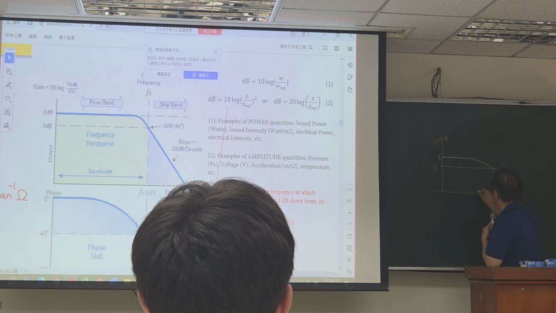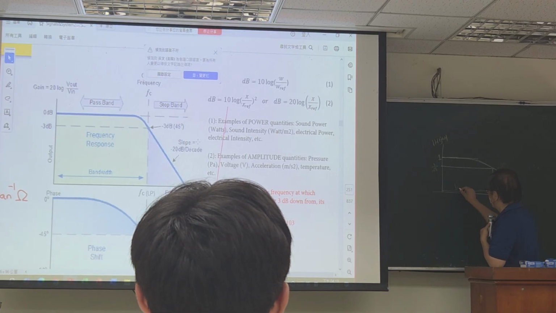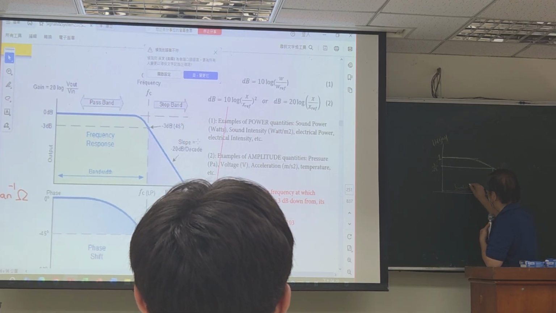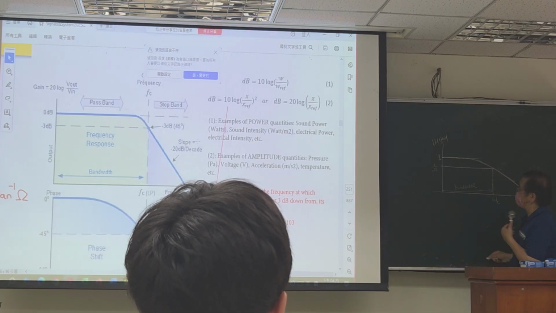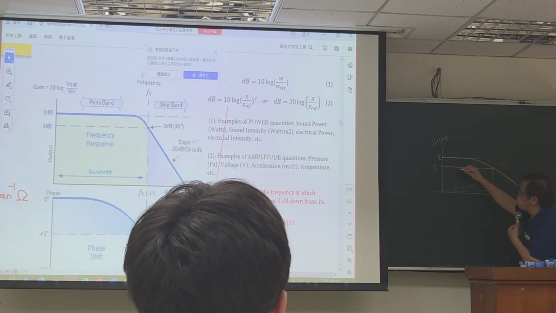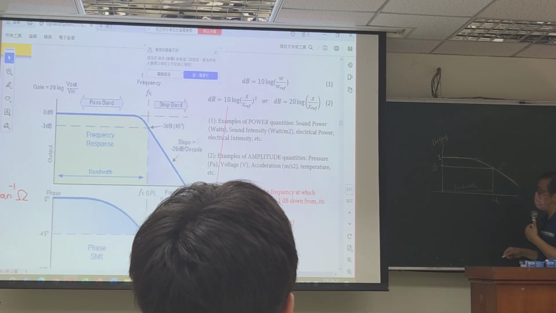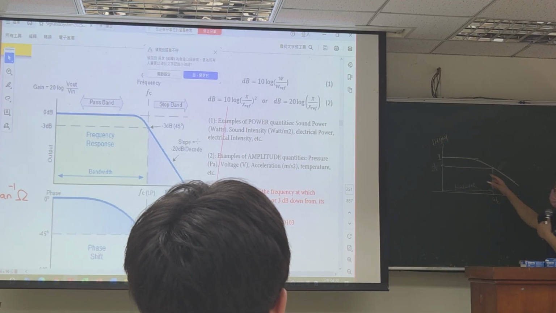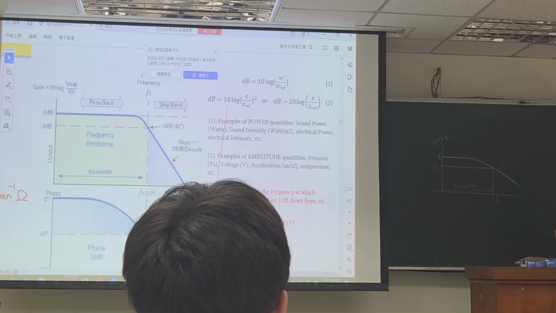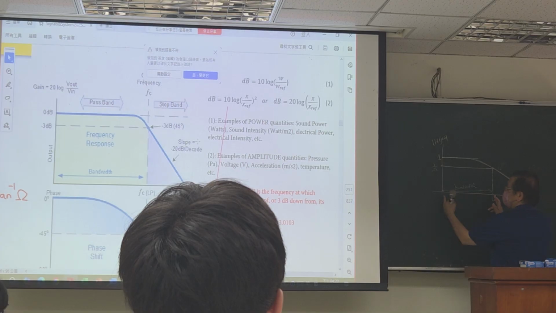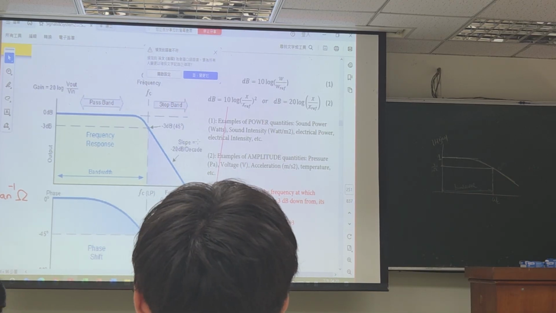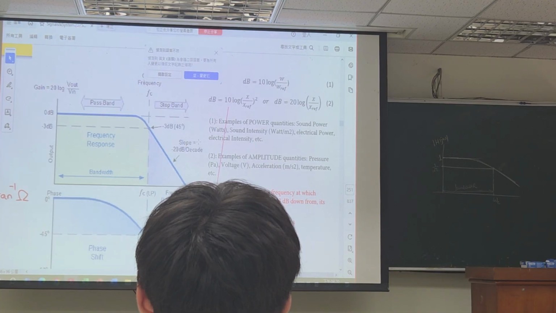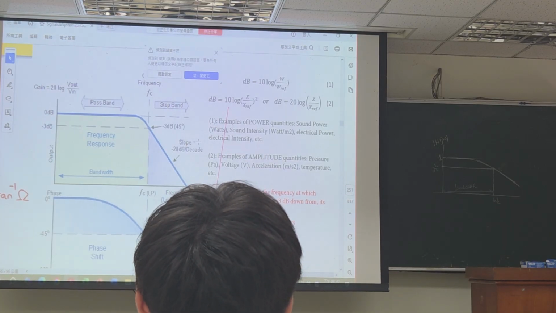This frequency is called the bandwidth of the system. When the magnitude drops to 1 over square root of 2 compared to the 0 frequency, then this frequency is called the bandwidth of the system. Now it's a very important terminology.